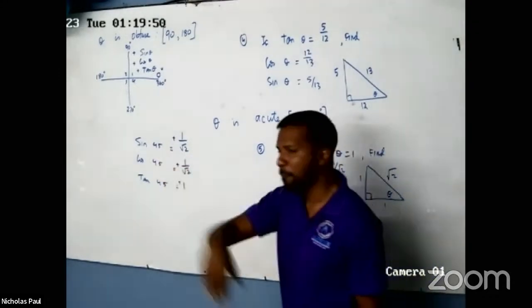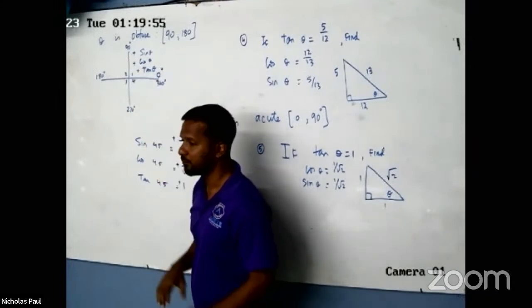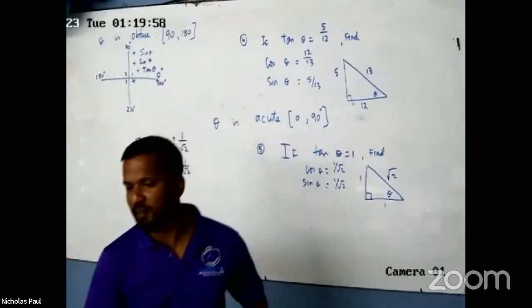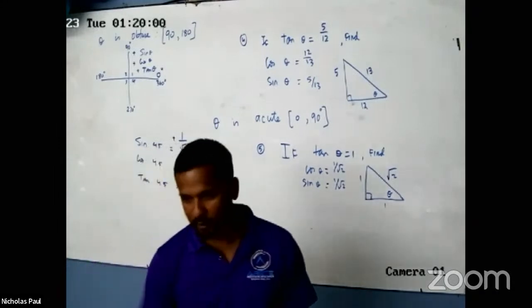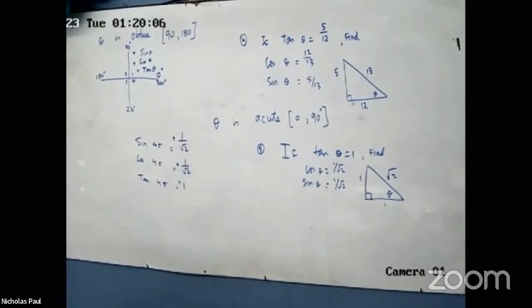So pick a next value between 0 and 90, like 30, and find cos, sine, and tan.